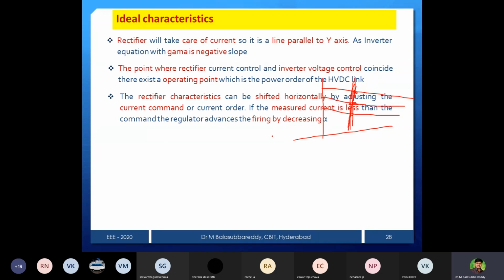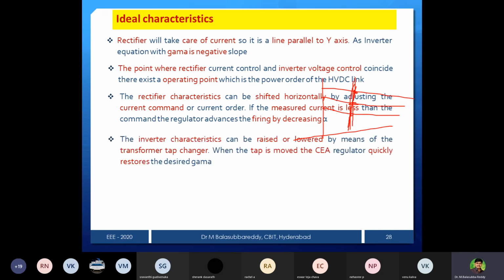You can adjust the current command, and if the measured current is less than the command, the regulator advances the firing angle by decreasing alpha. The inverter characteristic can be raised or lowered by means of transformer tap changes. On the rectifier side, initially it will be alpha and then gamma, but later it is tap changes only.